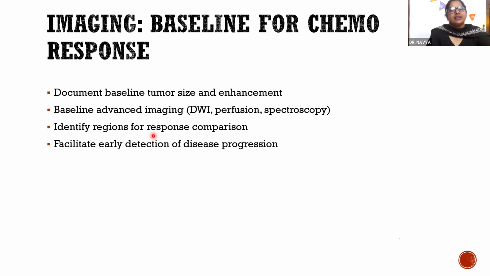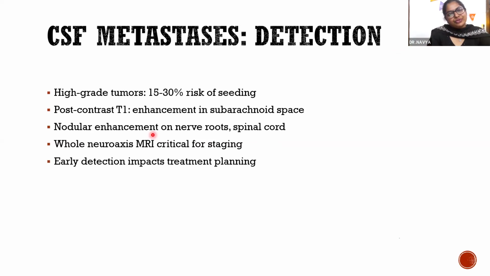So for assessing the chemo response, what would I do? How would I see what is the baseline and what is the next one? How do I identify? We have a few scores, I'll come to that later. CSF metastasis could be detected on the entire spinal examination along with the CSF fluid examination. Post contrast, if there is an enhancement in the subarachnoid space, yes, that is a red flag for me.